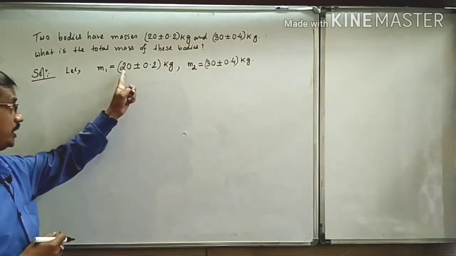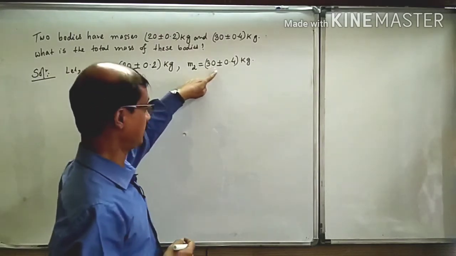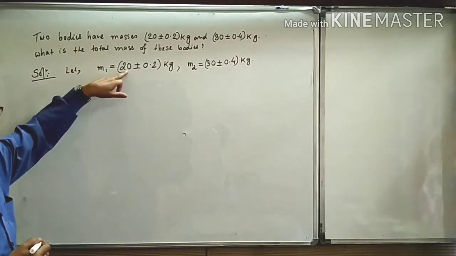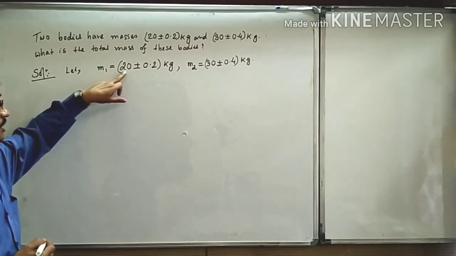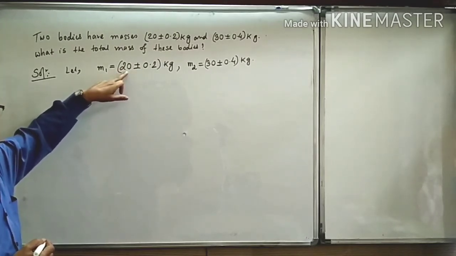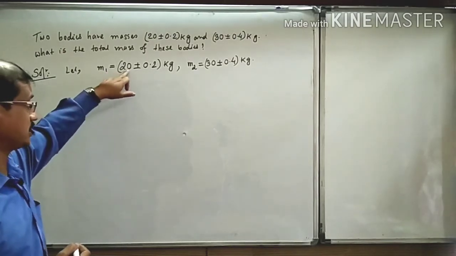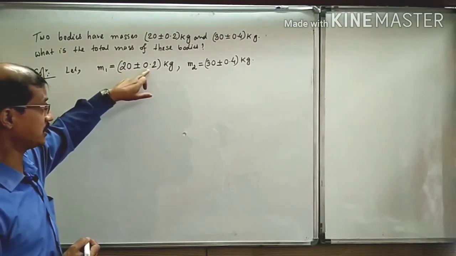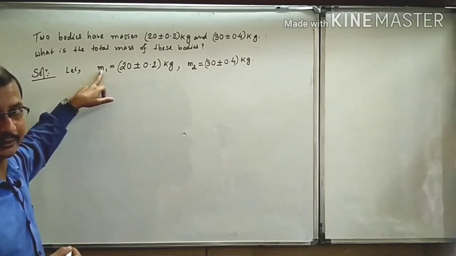So 20 represents the actual value of m1, and 0.2 represents the absolute error in the measurement of m1.